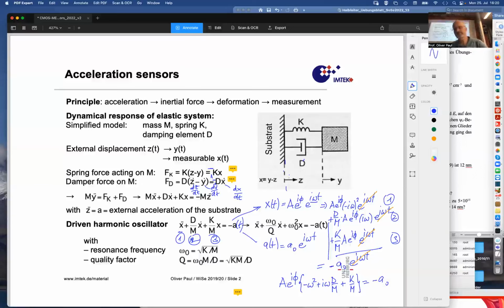And then one observes this solution. So omega is the angular frequency at which this acceleration happens. The substrate shakes with angular frequency omega, and then we want to observe how the relative coordinate moves as a function of that driving force.